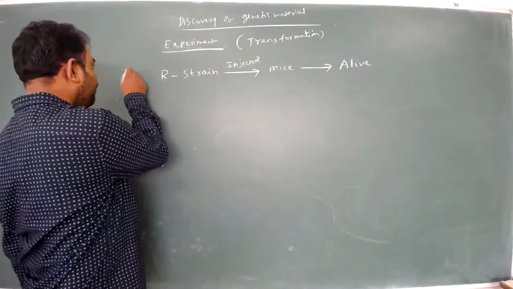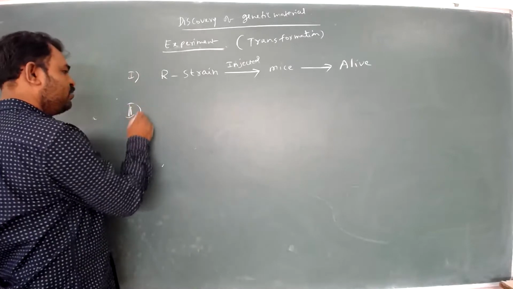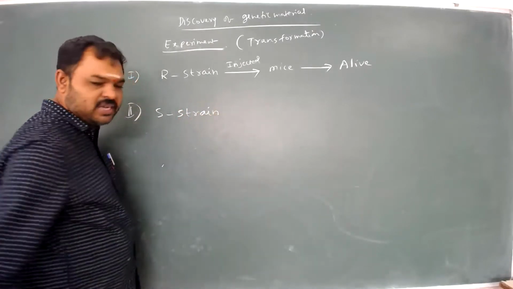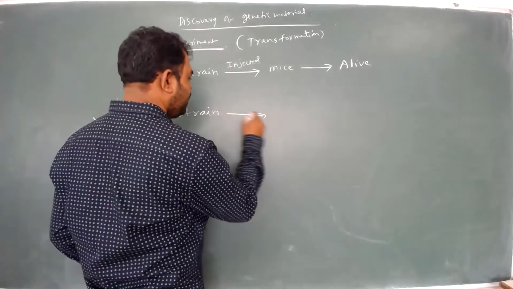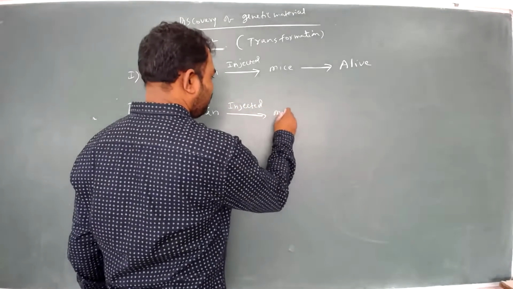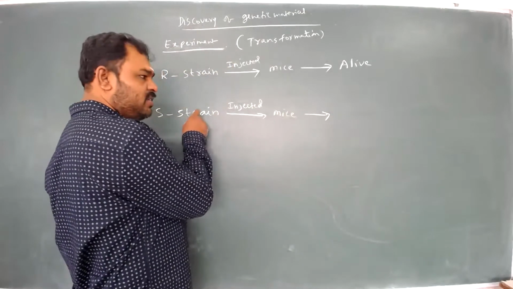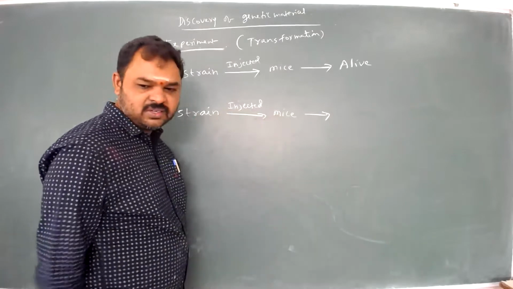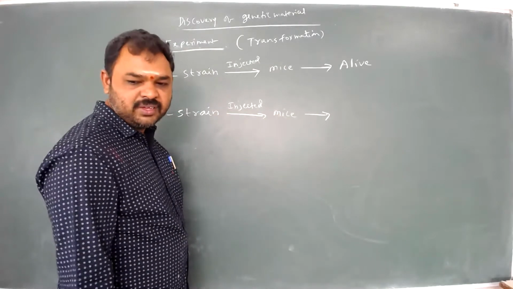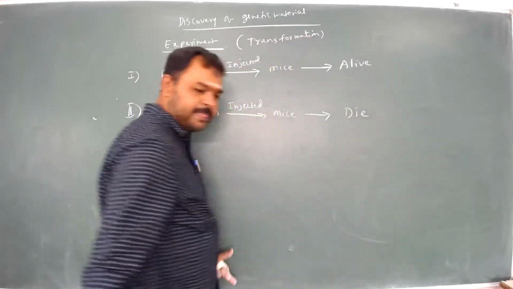Next, this is the first case. Case 2 is the S strain. The S strain is injected into mice. The S strain is a harmful strain, so the mice will die.